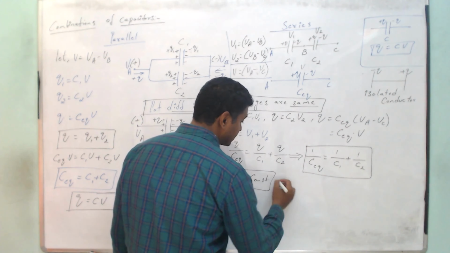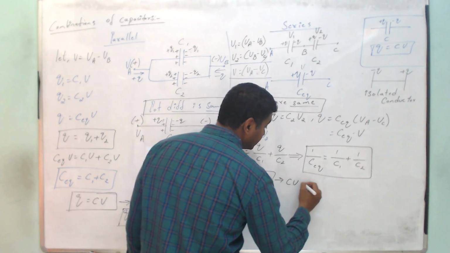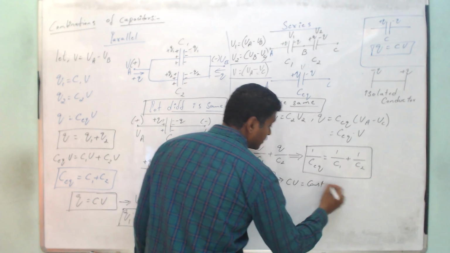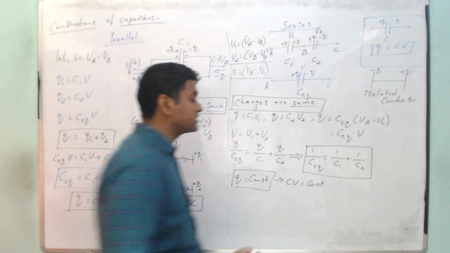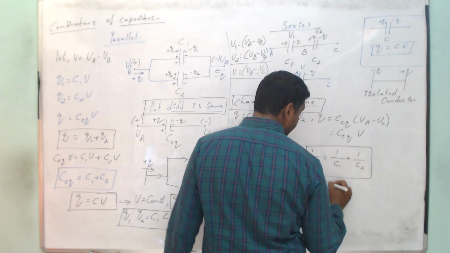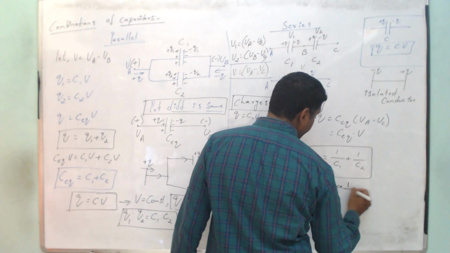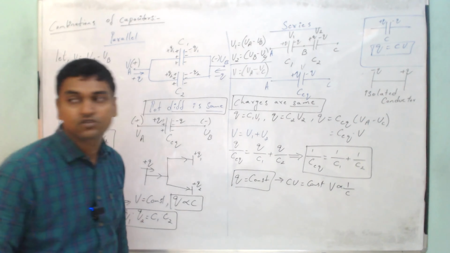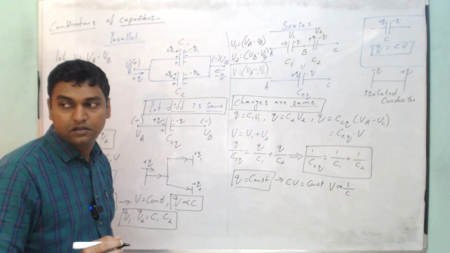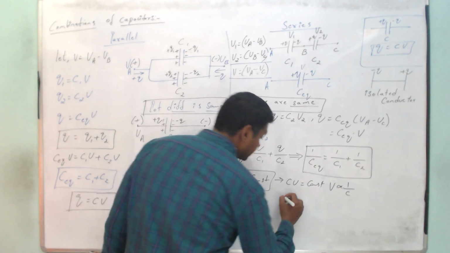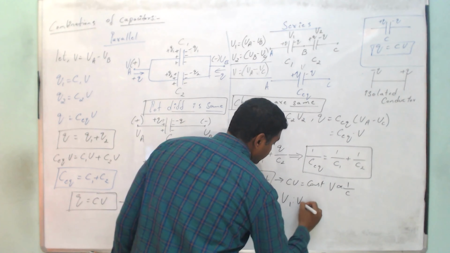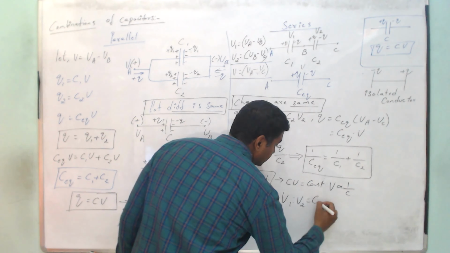But my Q is nothing but CV. So I can say CV is a constant. That means I can say that my potential difference is inversely proportional to my capacitance in series combination. That means I can say that my V1 to V2 potential ratio is nothing but C2 to C1.